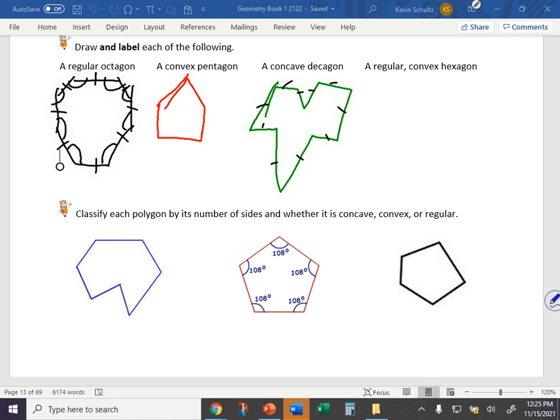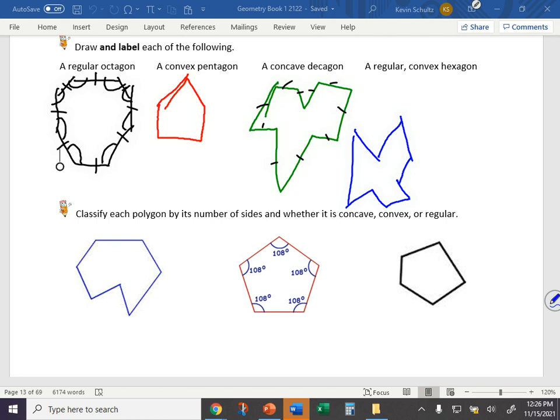He's not doing the concave. It has to be a regular one. That's not regular, Caleb.